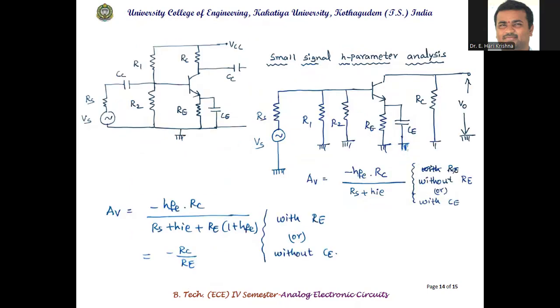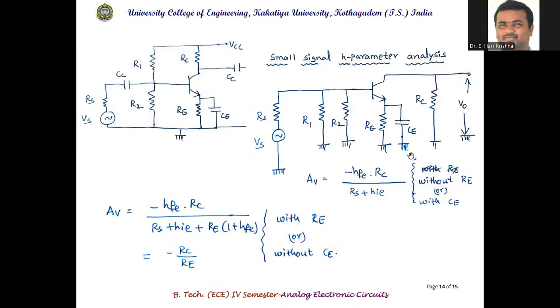So this is the small signal H parameter equivalent here. Because we are doing AC analysis, this is the circuit where all DC sources are connected to ground. RS, VS connected to ground. The capacitor is replaced here because I'm doing the analysis for mid frequency. So R1 connected to ground, R2 connected to ground, transistor, RC connected to ground, RE and CE.